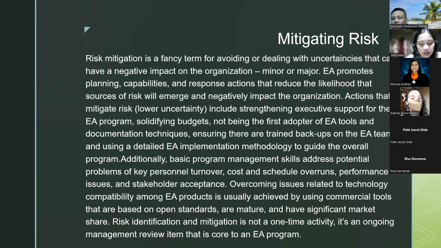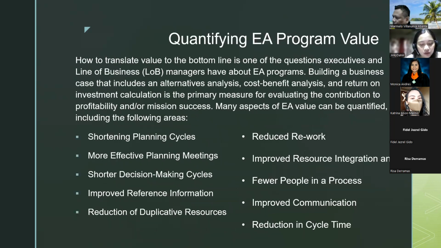Overcoming issues related to technology compatibility among EA product is usually achieved by using commercial tools that are based on open standard, are matured, and have significant market share. Risk identification and mitigation is not a one-time activity. It is an ongoing management review item that is core to an EA program.